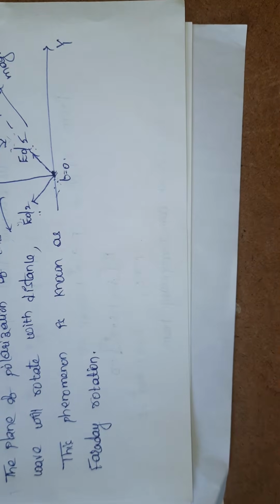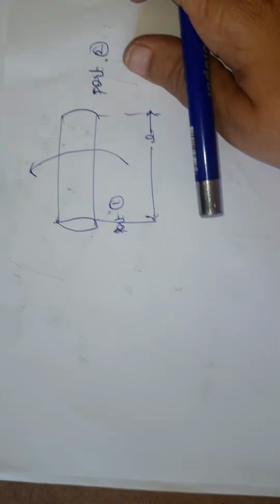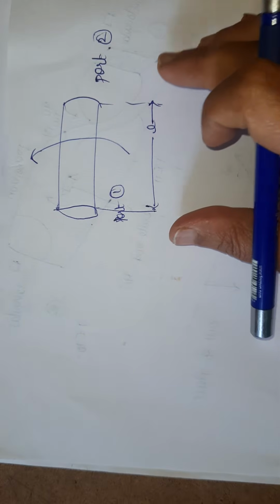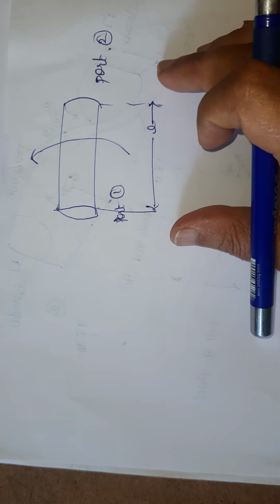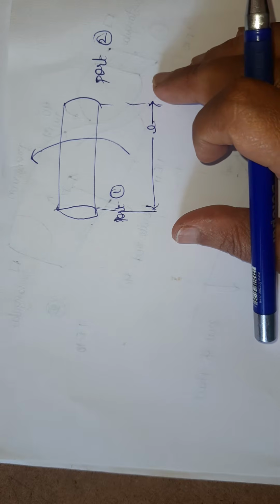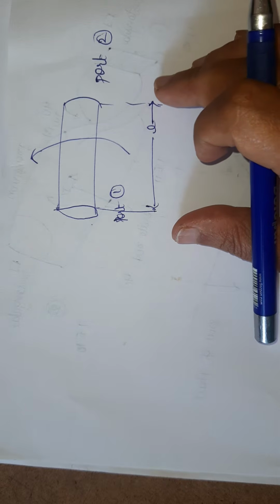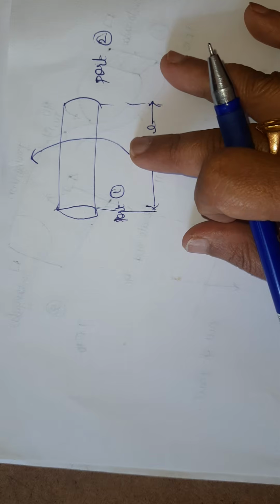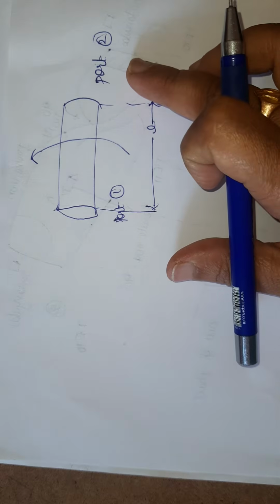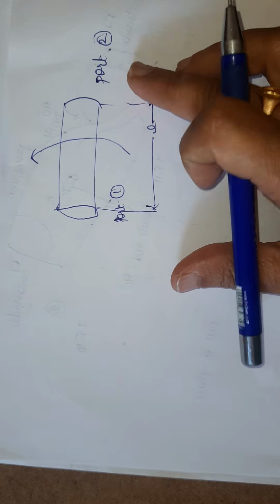Here, this is the practical ferrite medium I am considering. A two-port ferrite device is considered like this. This is port 1 and this is port 2.